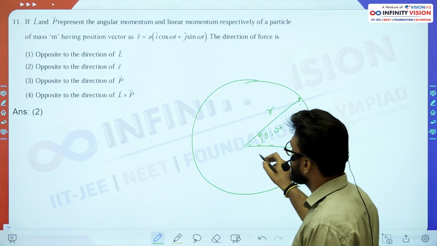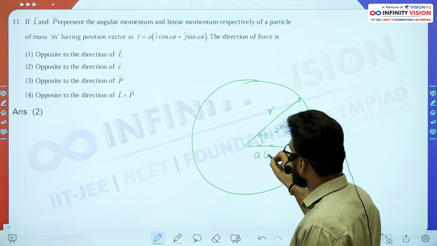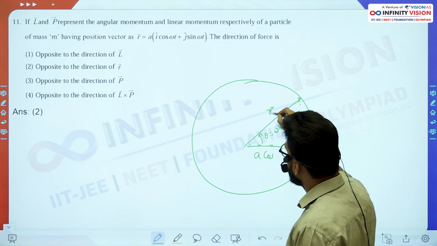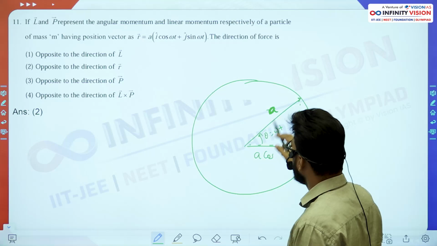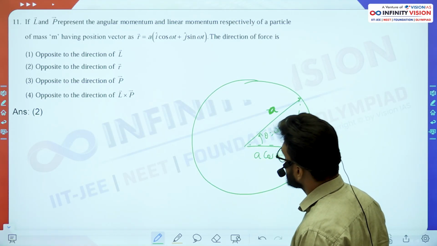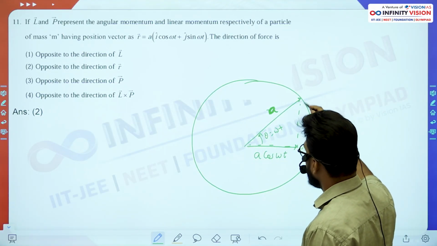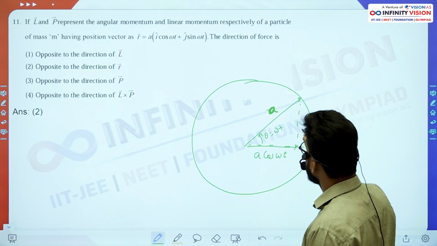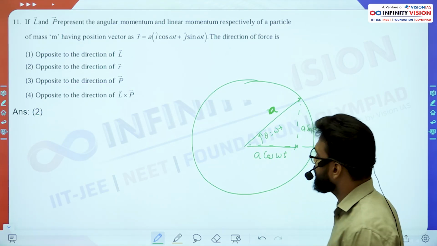So the magnitude of R along the x-axis would be A cos omega t, and along the y-axis it would be A sin omega t.